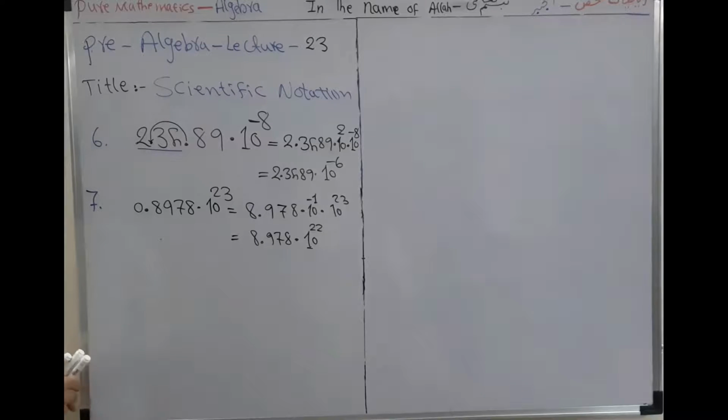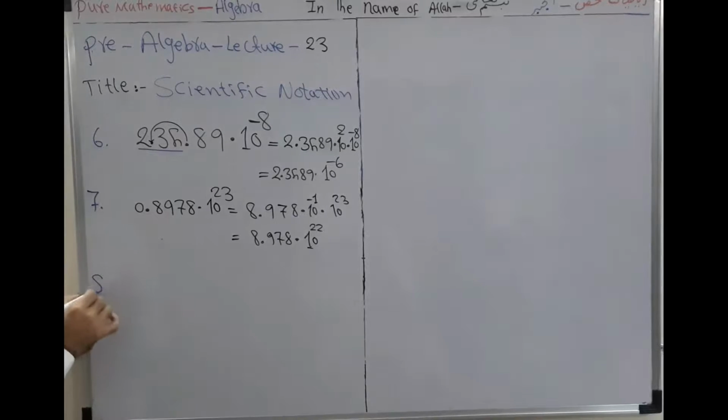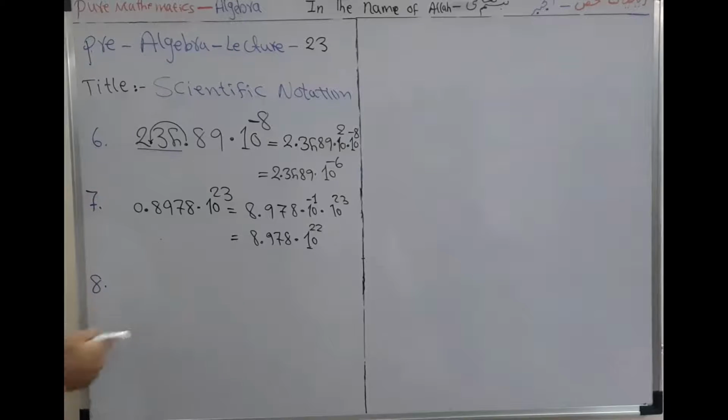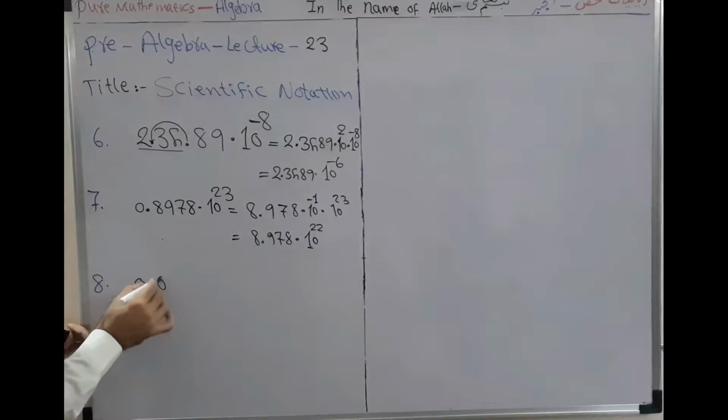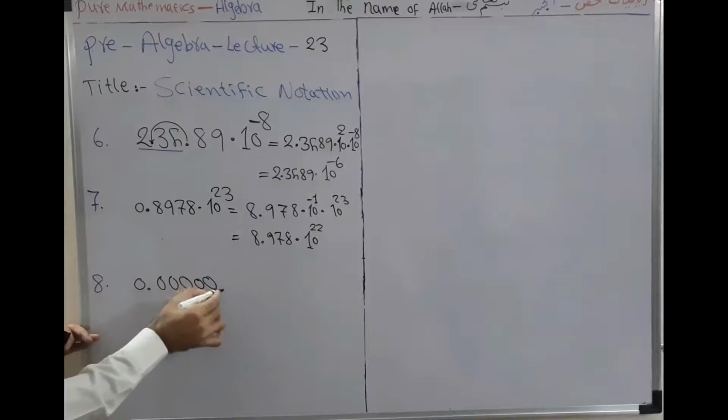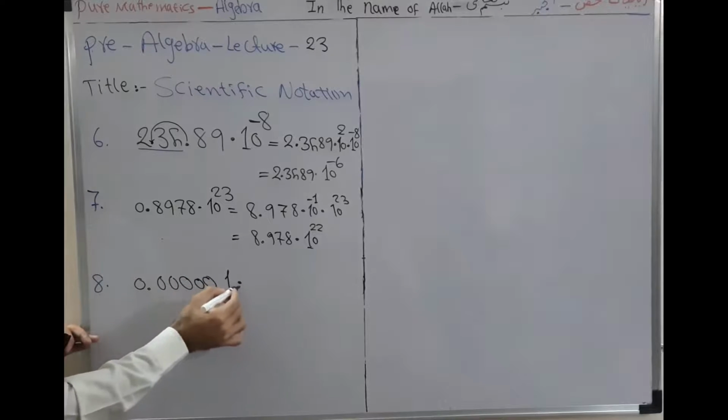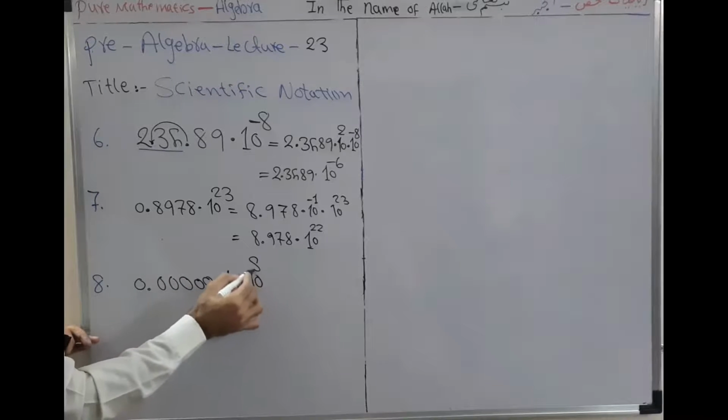Also, number 8. 0.000001 multiplied by 10 to the power 8.